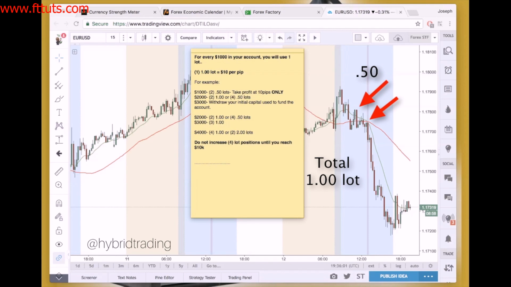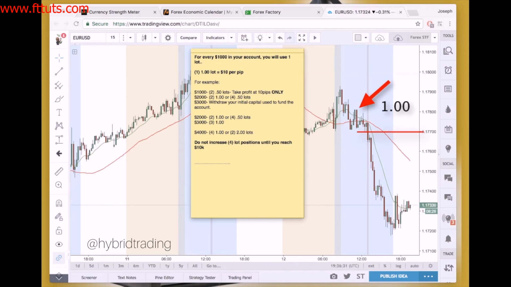You're in one lot. And then you just let the flush happen. And at 10 pips, you can take profit on a 0.50 position, which is $50, and let the other 0.50 position just run. And that's the way how you can increase your profit from $100 to possibly $200 or $300. Just for the simple fact that if you go in a short at this point with one lot, you could only take profit once.